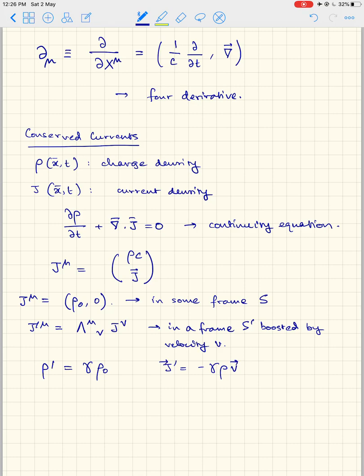Now in the relativistic form, this equation above is going to take a very nice form. We can just write this as del mu j mu equal to 0, right?